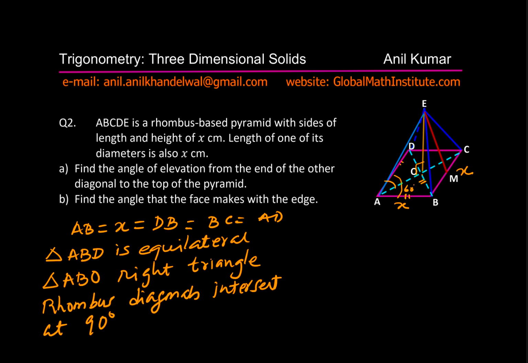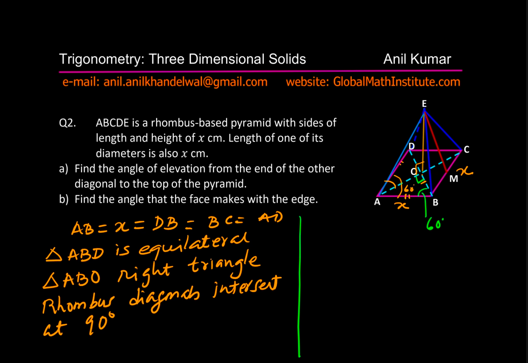So this angle here is 90 degrees. We know this angle here is 60 degrees. So we can now find AO in this particular diagram. So let's find AO now.